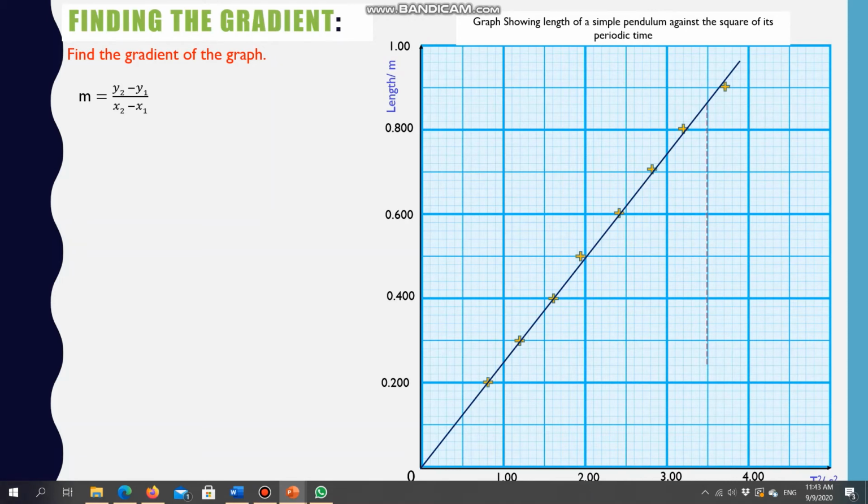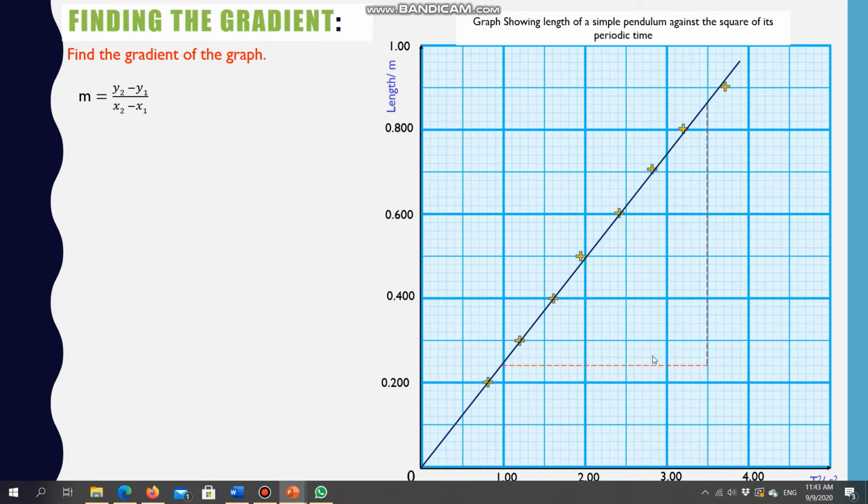So we are going to use two broken lines to form a triangle with the graph line. So we have one broken line here coming down, and then we have another one going across, and these form a triangle with the graph line.